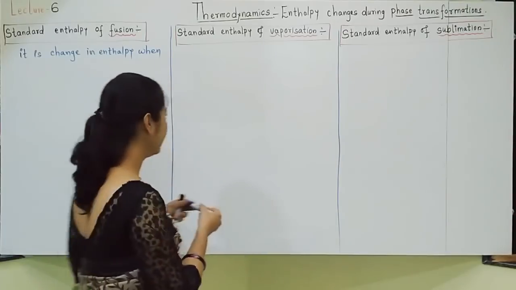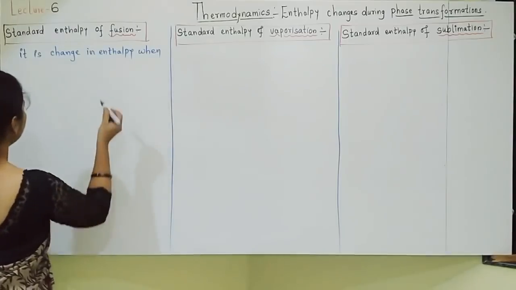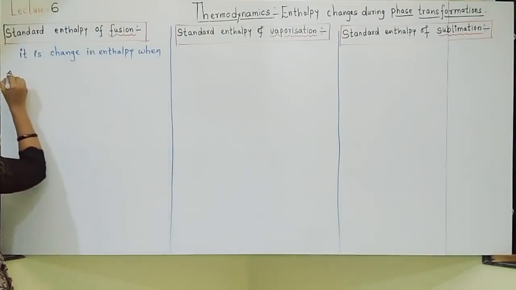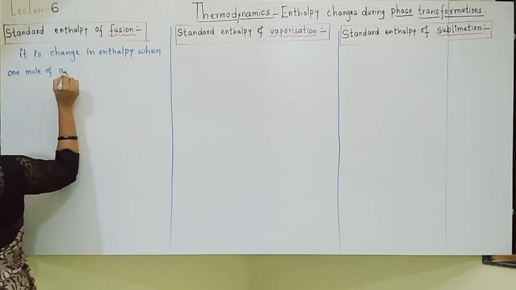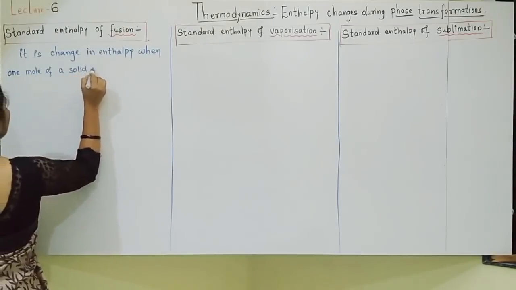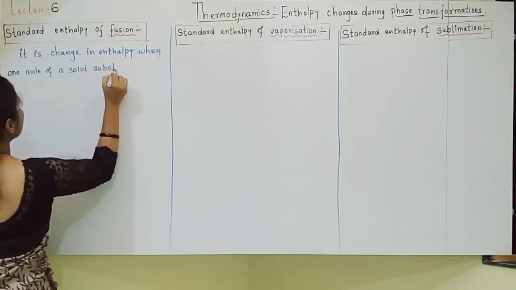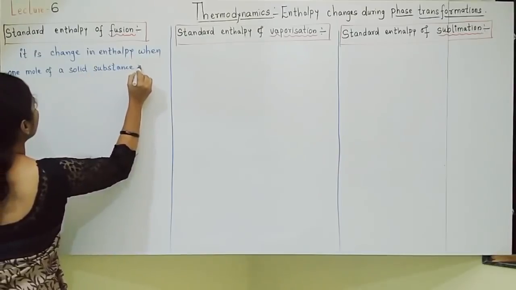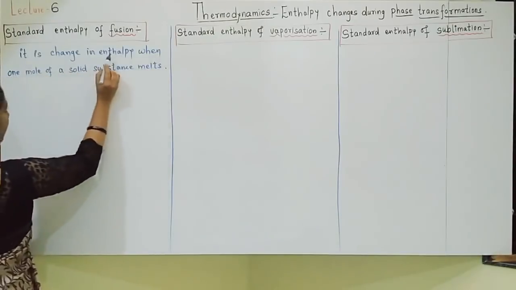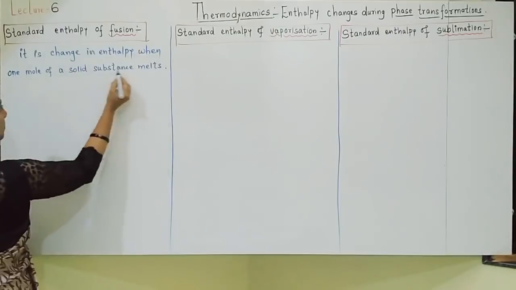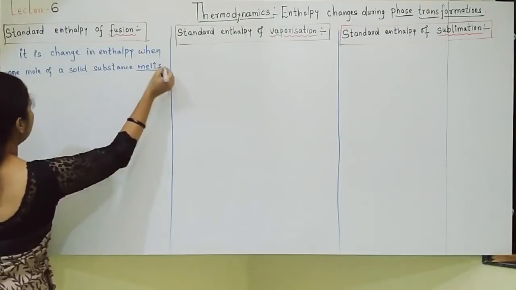Okay, so let us write the definition. It is change in enthalpy when 1 mole of a solid substance melts. Fusion means melting.